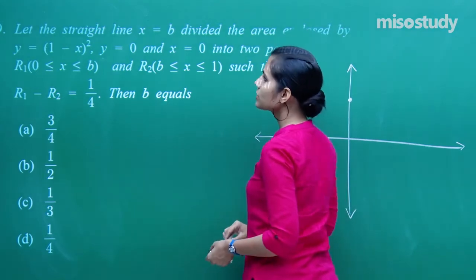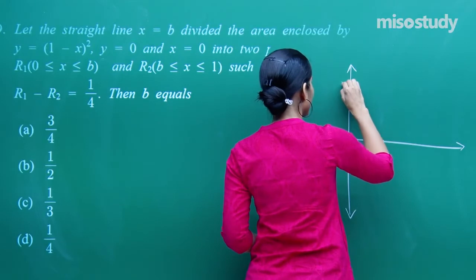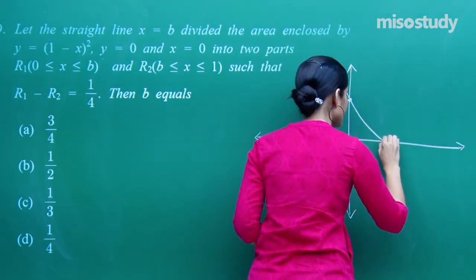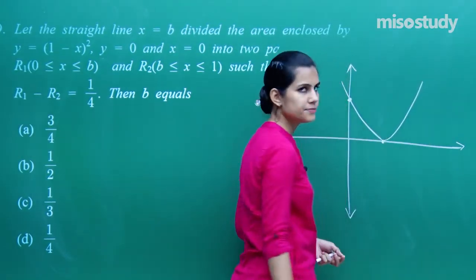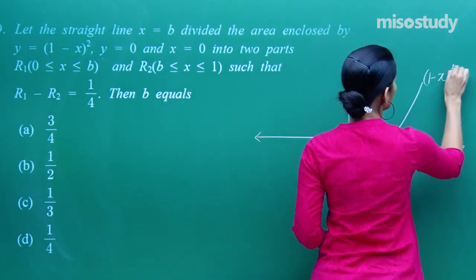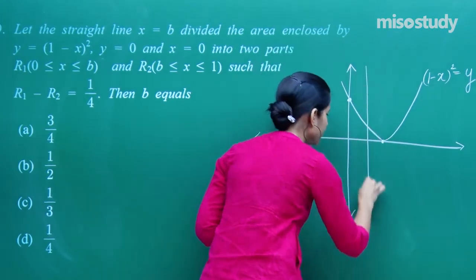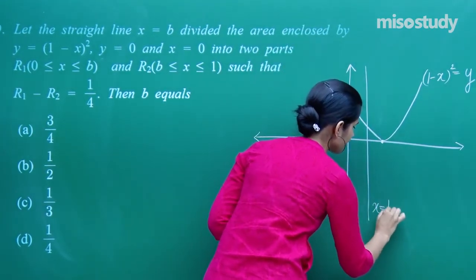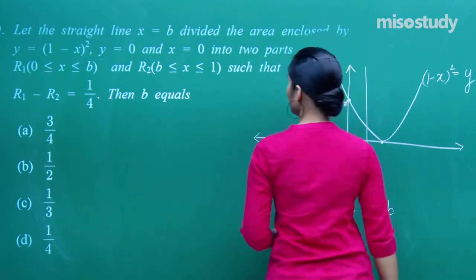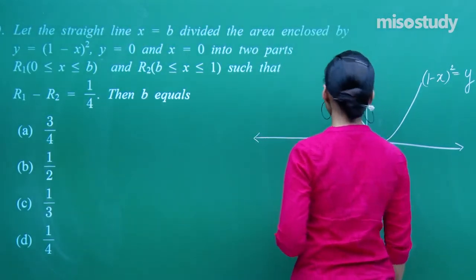When you put x equals 1, you get y equals 0. You basically see this is a parabola, y equals 1 minus x whole square. So there is some line x equals b that divides this area into two parts, R1 and R2.